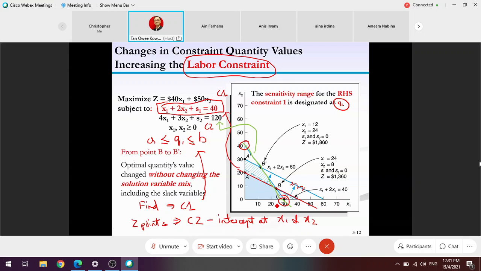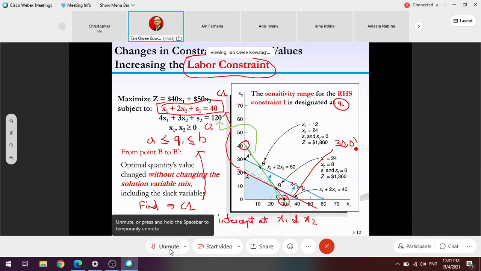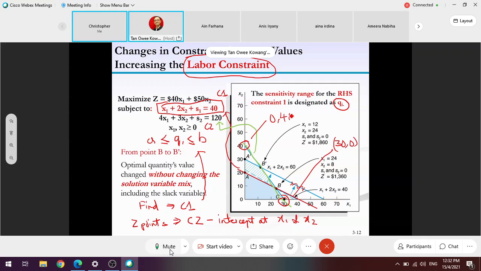So what is this point? This point is 30, 0. And how about this point? This point is 0, 40. So these are the 2 points which you can further analyze to define A and B.